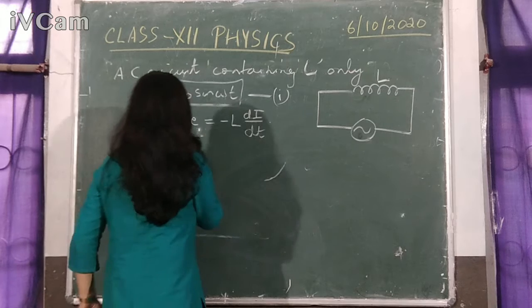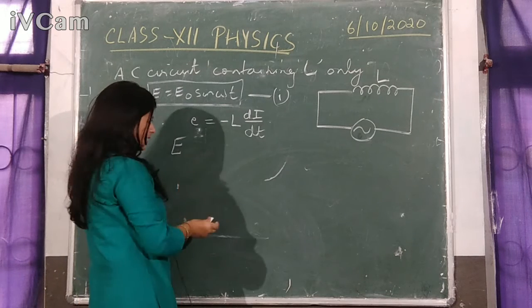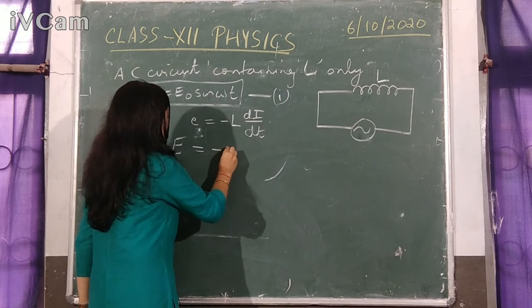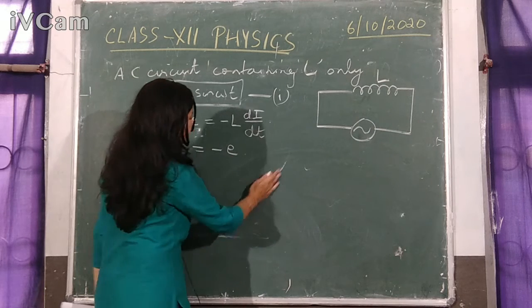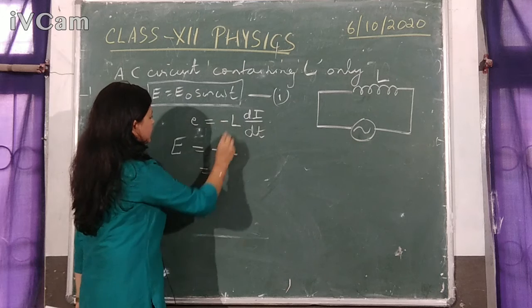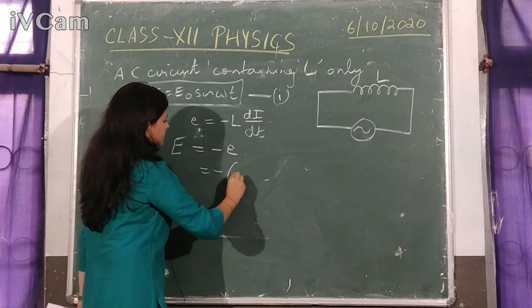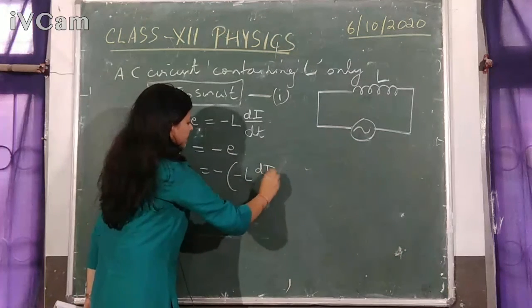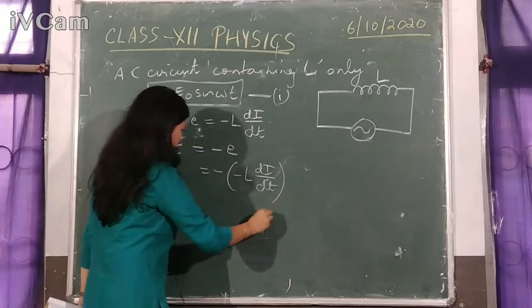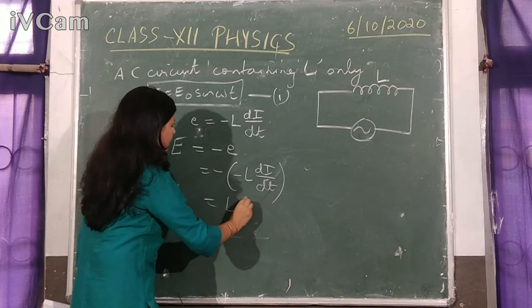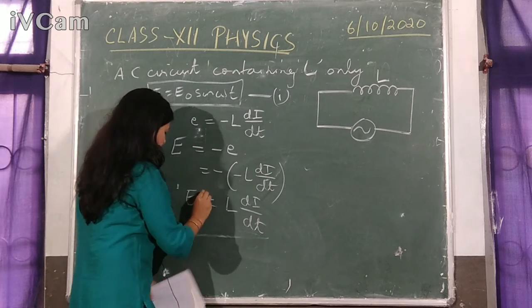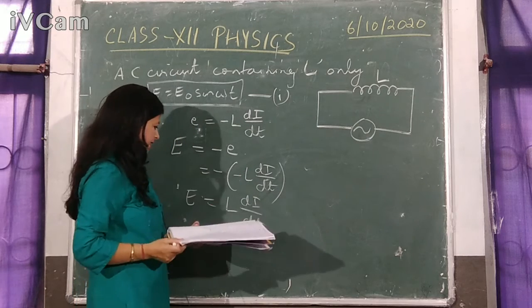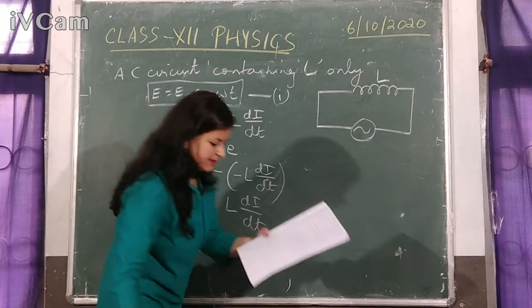That means the voltage E you're applying must be equal to the induced EMF so that the flow of current is maintained throughout the circuit. Now replacing the value, it becomes L di by dt, which is equal to E. So E is equal to L di by dt.